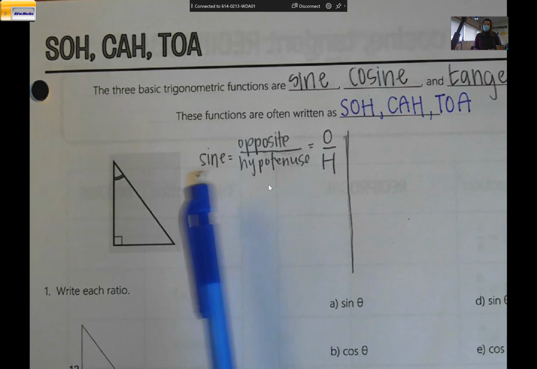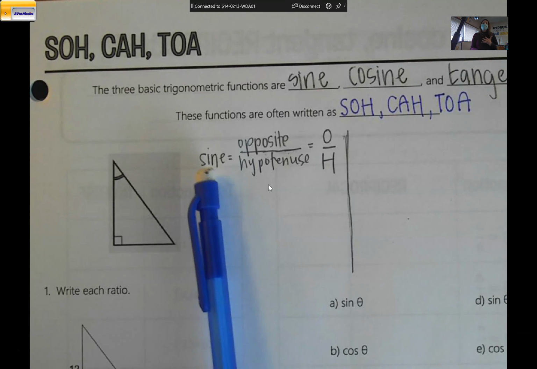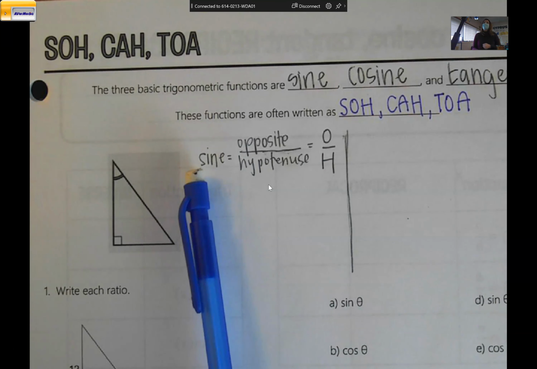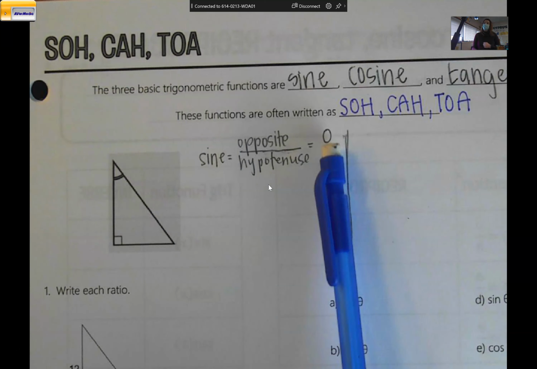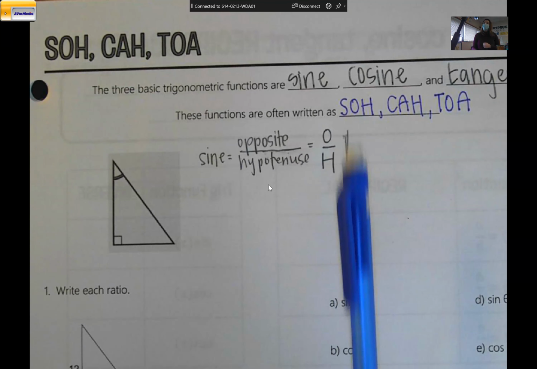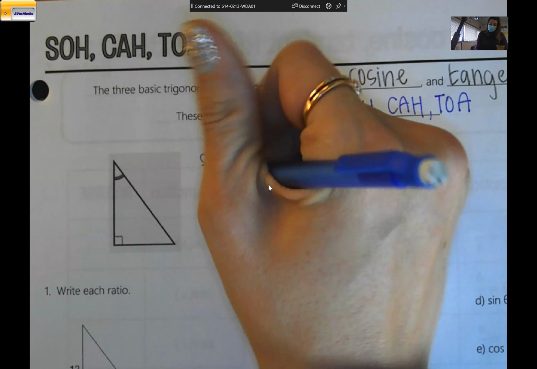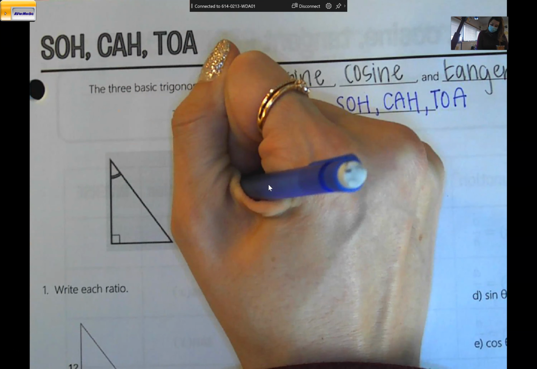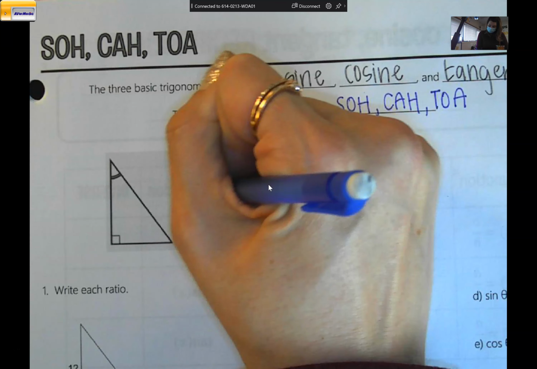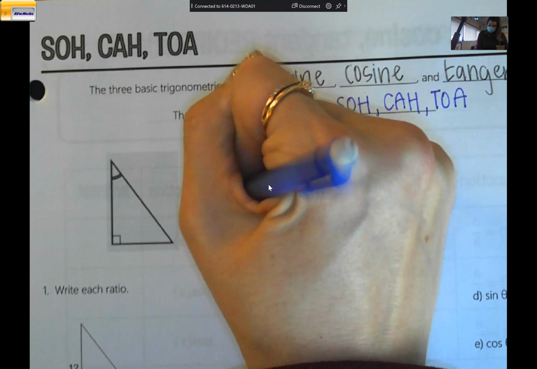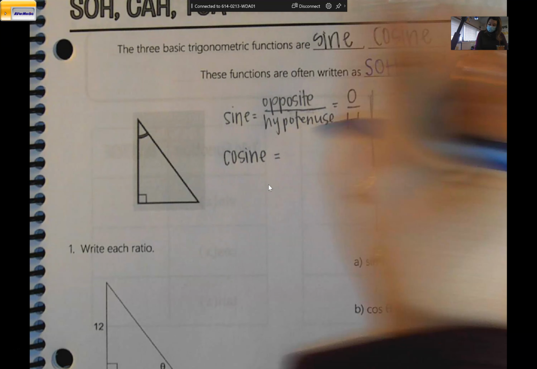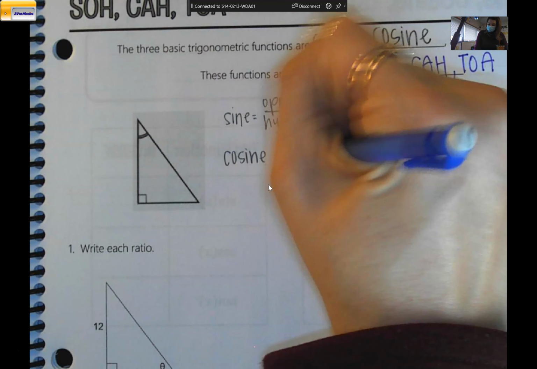So they'll ask you to find the sine of a given angle, and what you would do is then put the opposite of that angle over the hypotenuse of that angle. So CAH would be C, which is cosine, equals the ratio adjacent over hypotenuse.